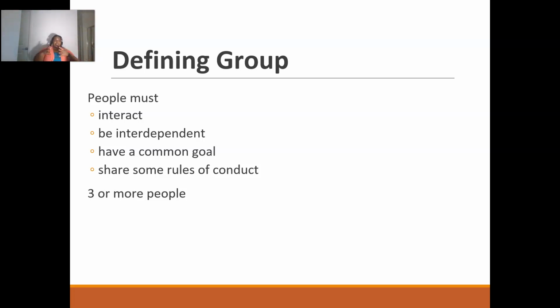You will get the group together. You'll know who's participating because you'll have to collaborate on your first assignment. It's an easy assignment that you guys can do. You can agree on the rules of engagement in your own group. You can even provide a name for your group. So in that assignment, you will be interacting, be interdependent, have a common goal, and share some rules of conduct.